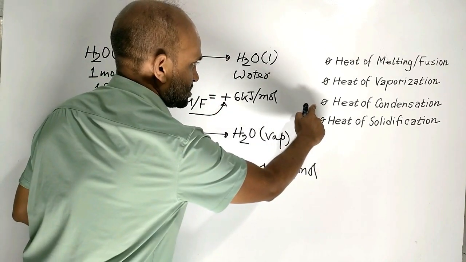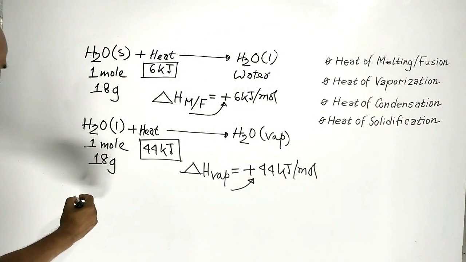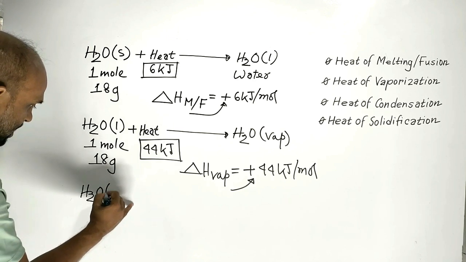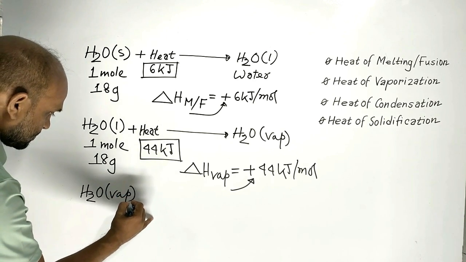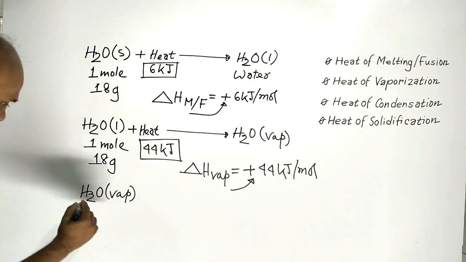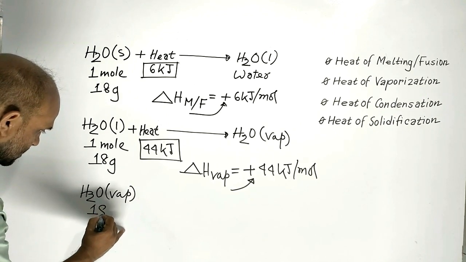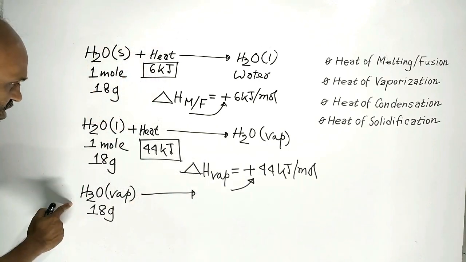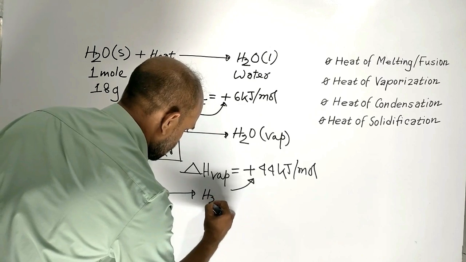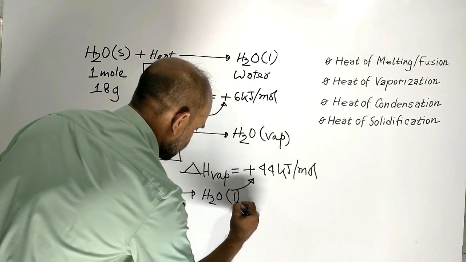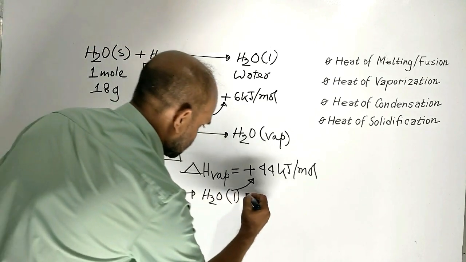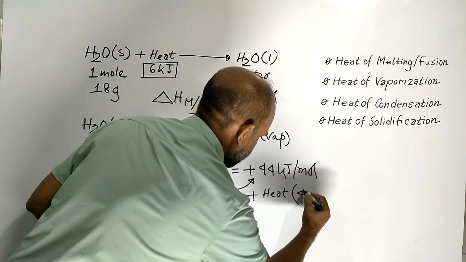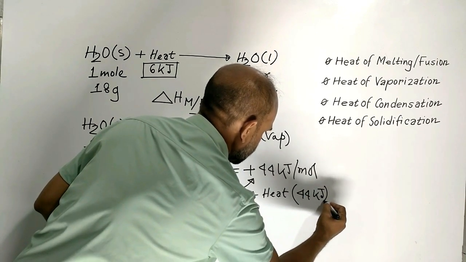Then what is heat of condensation? Heat of condensation is applicable for vapor. Here 1 mole vapor. For water this is 18 gram. When this 18 gram water vapor is converted to 18 gram liquid, then it releases some amount of heat, which is here 44 kilojoule.